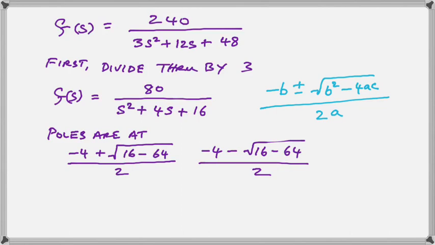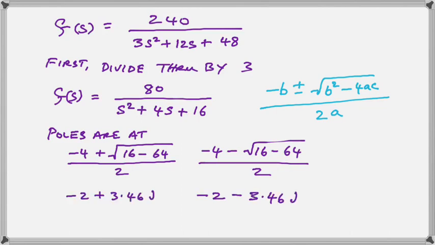And all we need now to do is immediately we realize that the number underneath the square root sign is going to be negative, and that means it's going to be complex. Our solution is going to be a pair of complex numbers, conjugate complex numbers. So let's do it now, and we have it there.